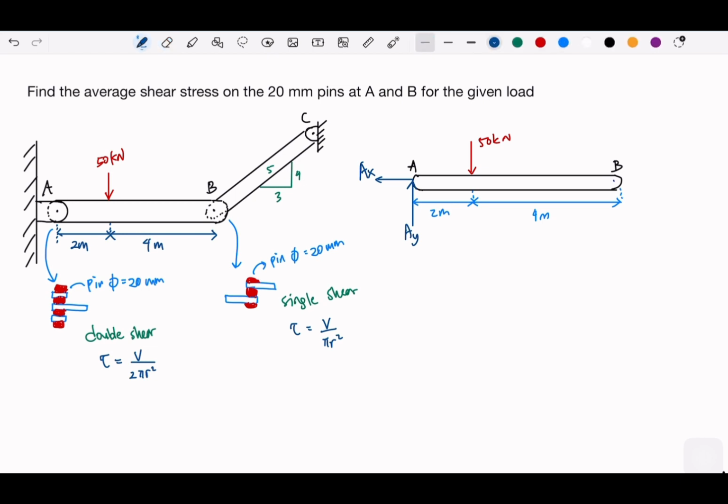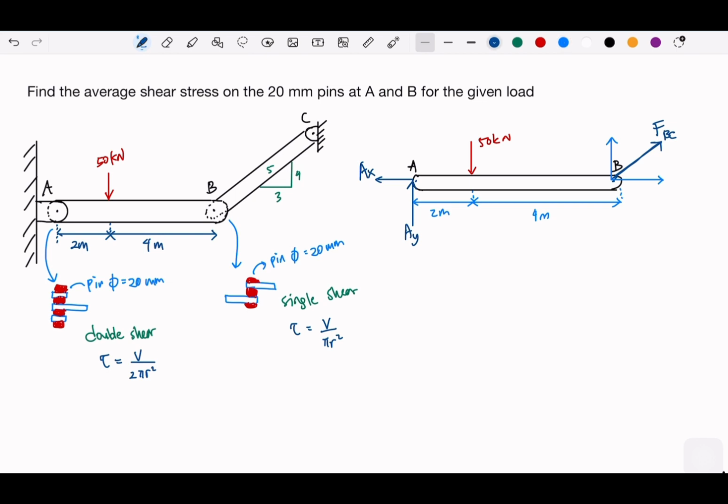And then we can assume that on this B we have some tension, which is defined by FBC. This FBC is going to have 2 components by taking the triangle ratio 3, 4, 5.